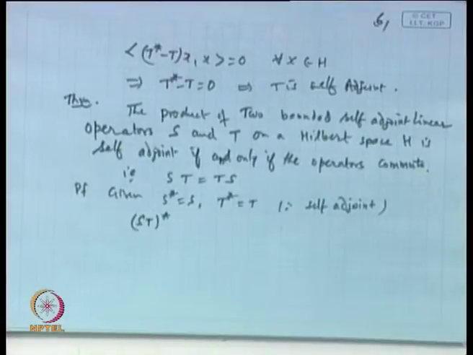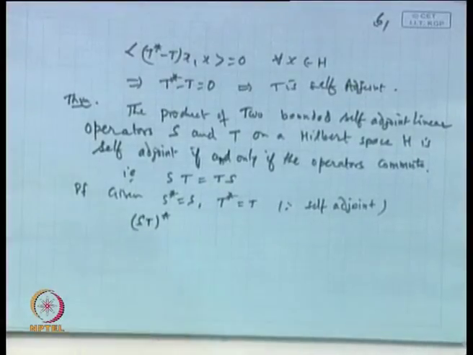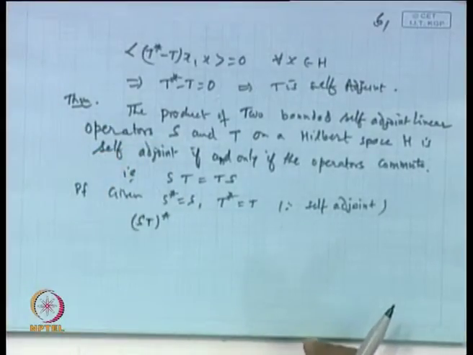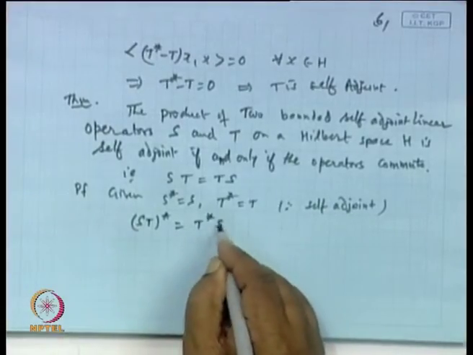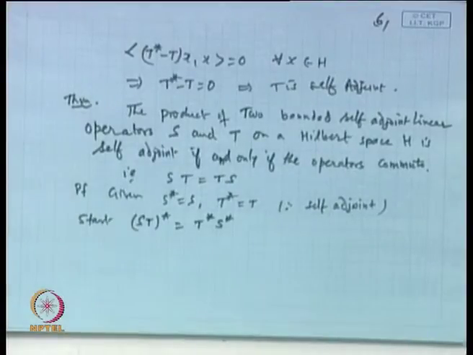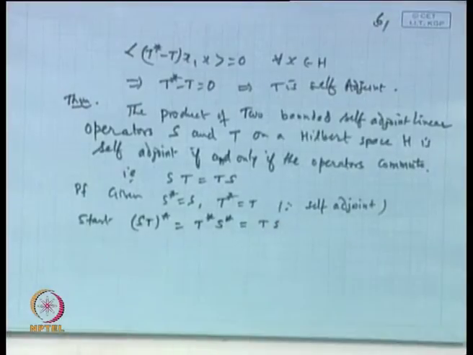Now, if you remember, when you take the product (UV) star, it becomes V star U star. So, this will be equal to T star S star, which is equal to TS.